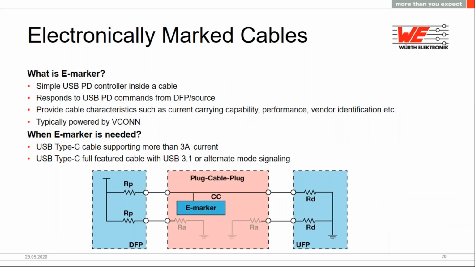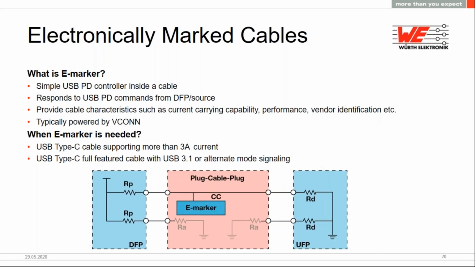One of the popular and standardized cables these days are cables with E-markers on them. What that exactly means is that we have a very simple USB PD controller situated inside the cable. Now, this type of cable can help us respond to USB commands from the source.